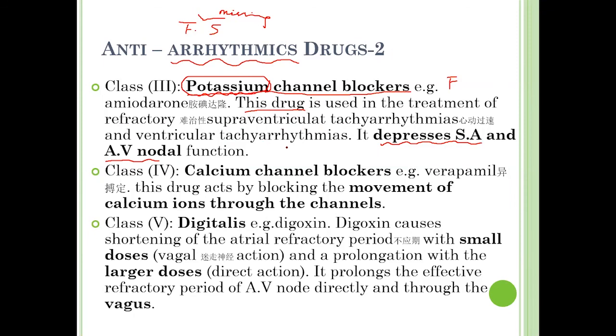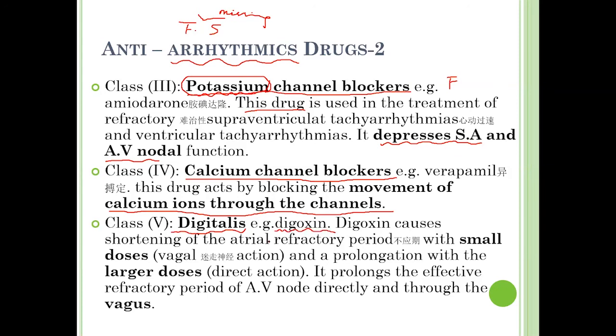Another category here, calcium channel blocker, which we talked about before. Through blocking the calcium channel, it regulates the heart rate. The next category is a bigger category, typically the medication name digoxin.